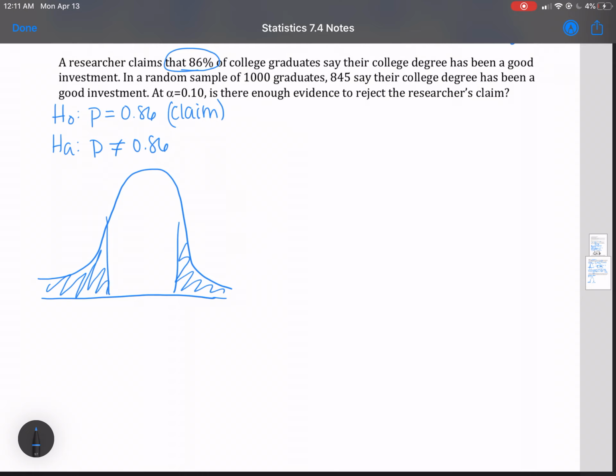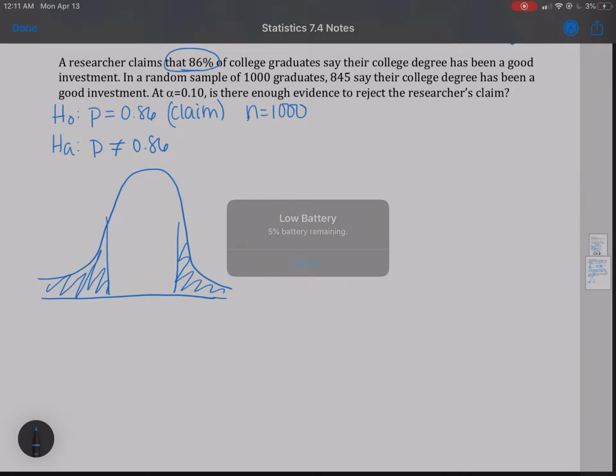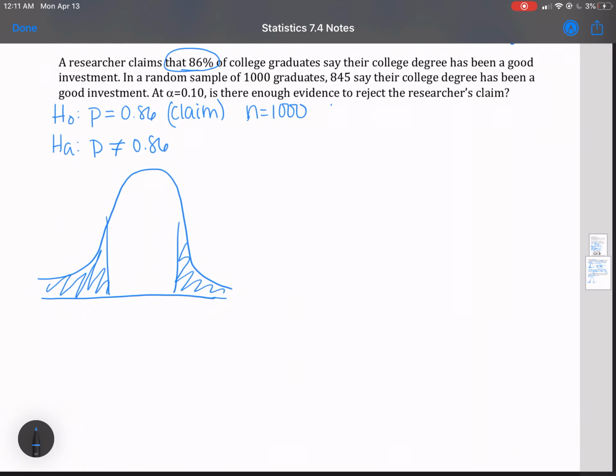Okay, so now we know this random sample, n equals 1,000. So we can test np equals 1,000 times 0.86, which would be 860, which works. And nq, so your q would equal 0.14. So if we multiply that, we would get 140, which also works.